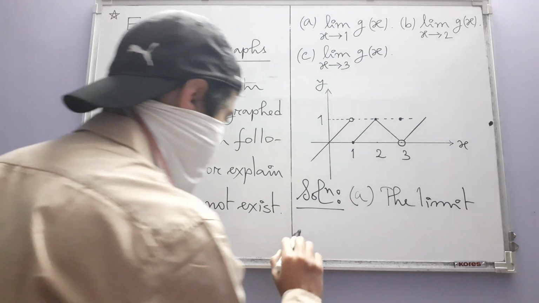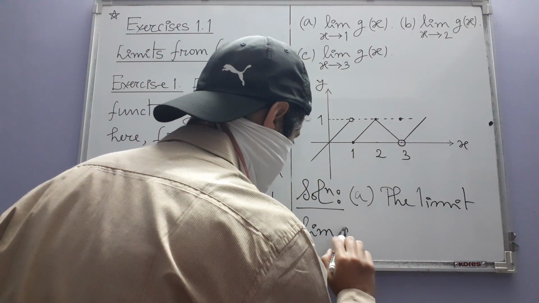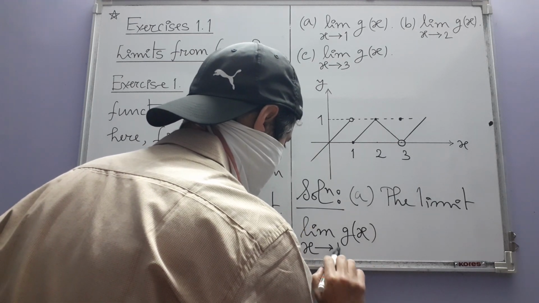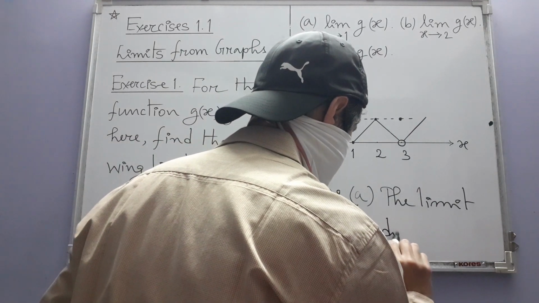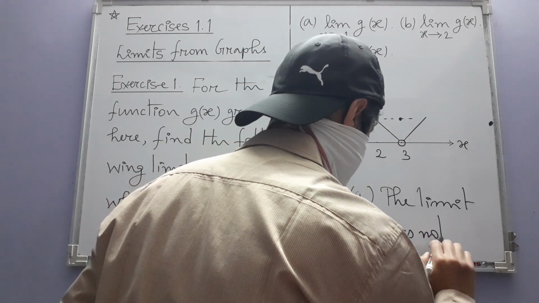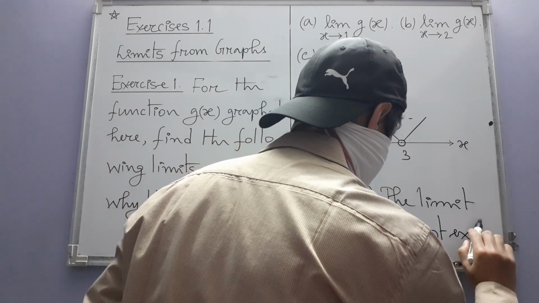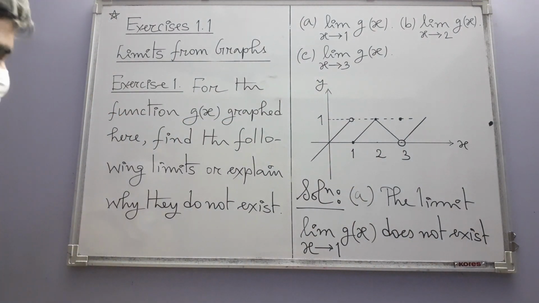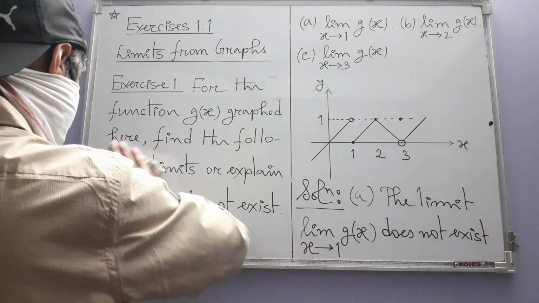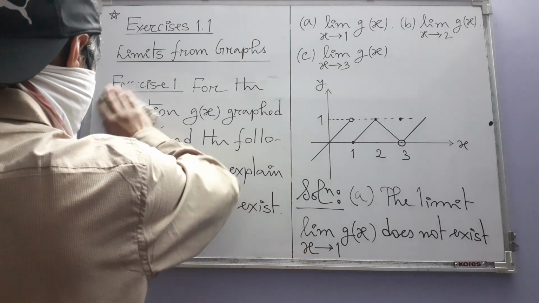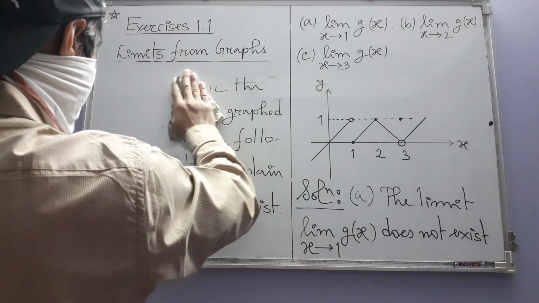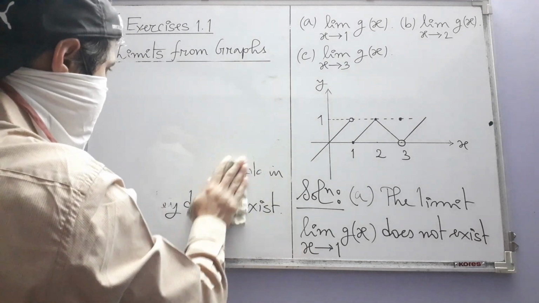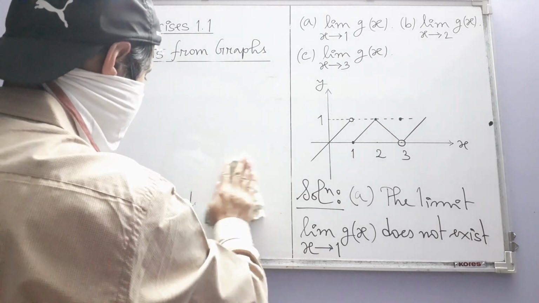The limit of g of x as x tends to 1 does not exist because g of x does not approach a single value as x approaches 1. That is the reason for non-existence of the limit.